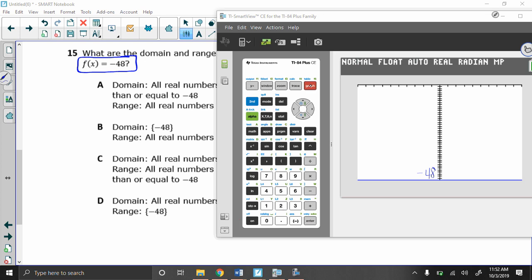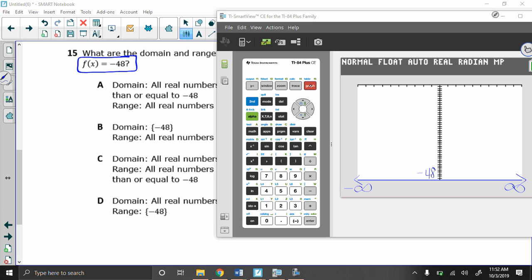It will be going through -48. And if we look right here, it keeps going to the left and to the right. So if it keeps going to the left, we're going to negative infinity. And if it keeps going to the right, we're going to positive infinity. So my domain is going to be all real numbers.